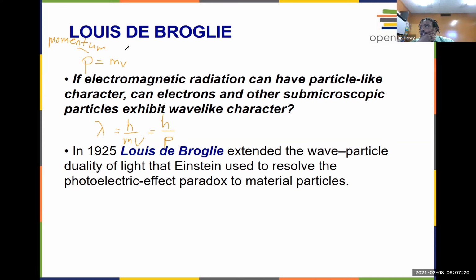Now this, where V is velocity, and this is not new. Okay. So we can sit there and say lambda is equal to Planck's constant over mass times velocity. And so that was how he described the wavelength.